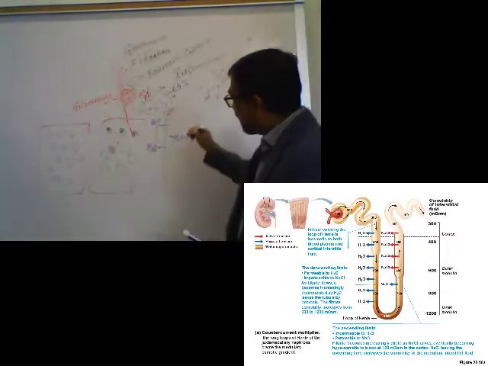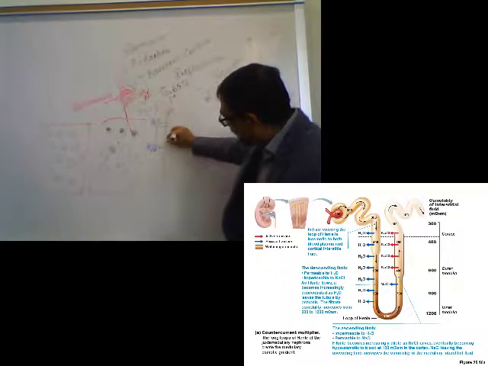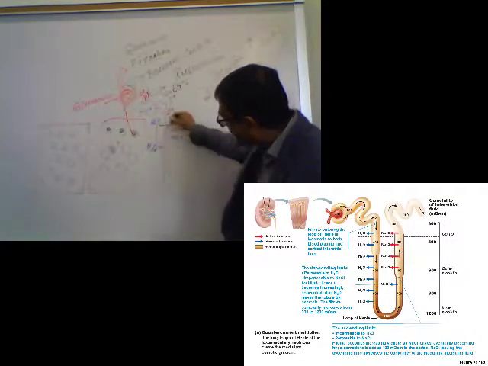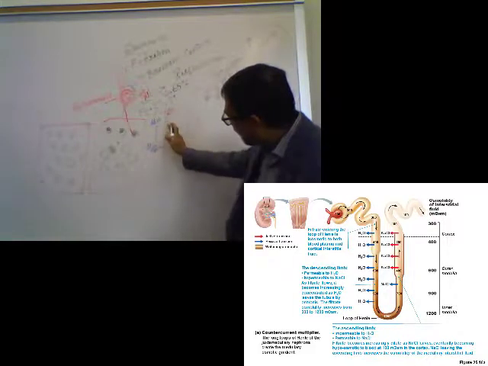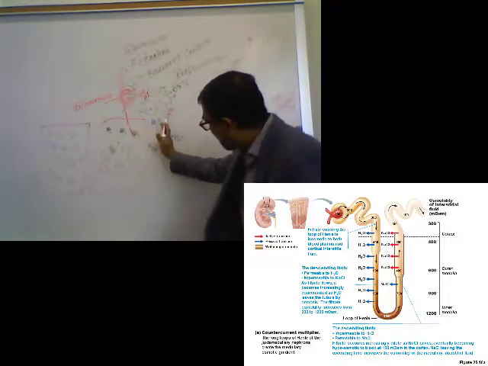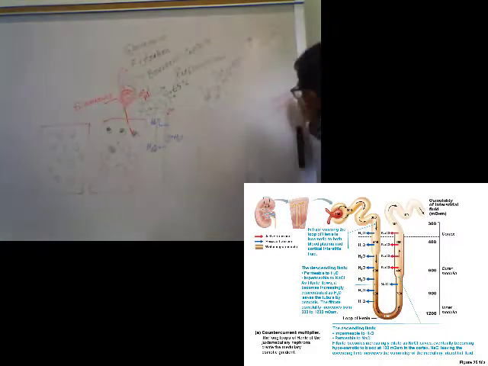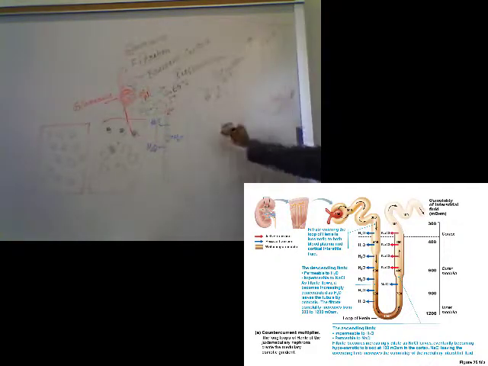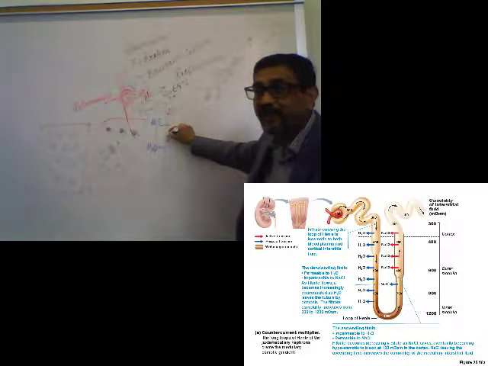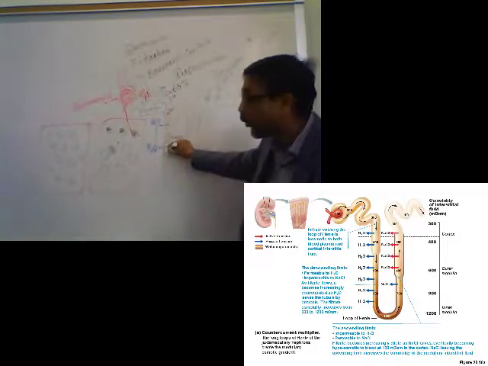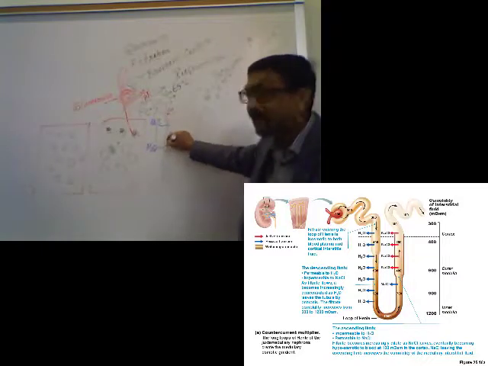Now you tell me, the fluid is going down through the descending limb of the loop of Henle, and only water is getting out from this fluid. So the concentration of fluid here will be what? Higher, right?